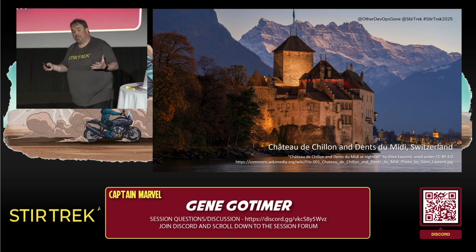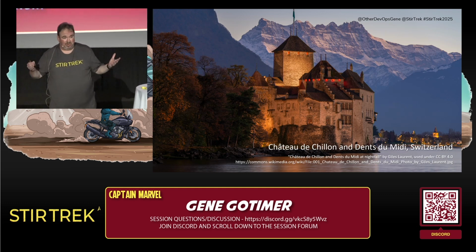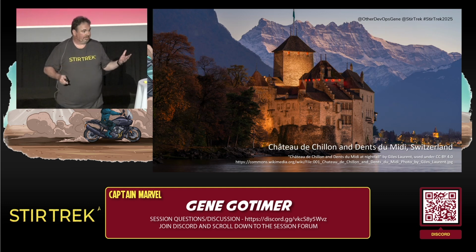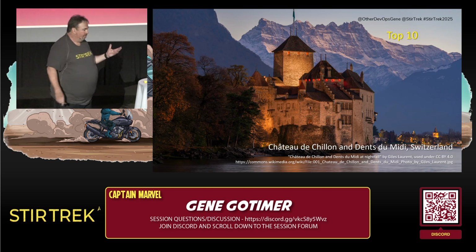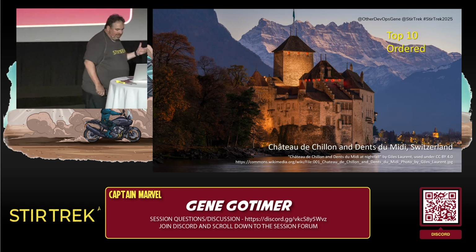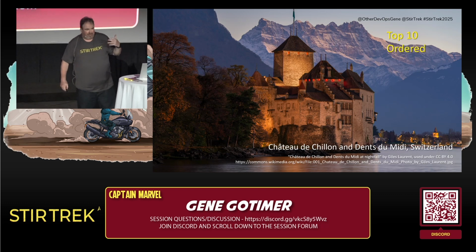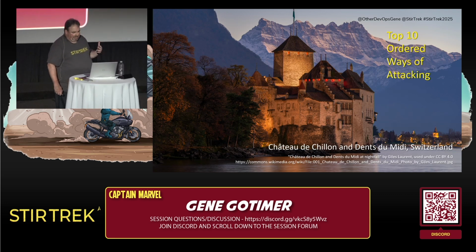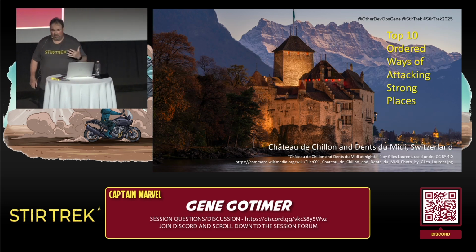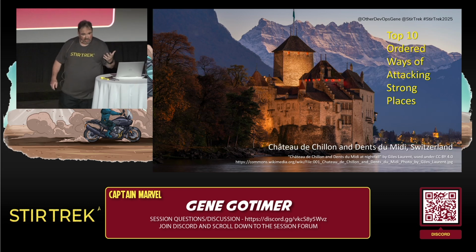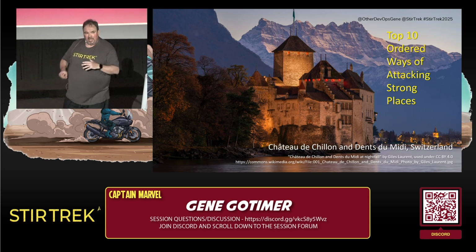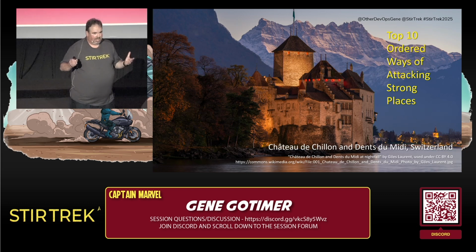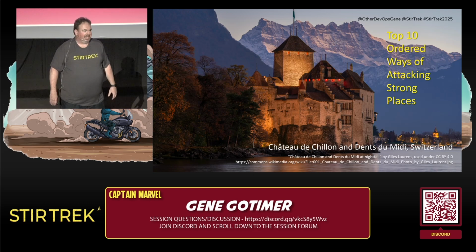So logically, the idea would be, let's just figure out what the most popular ways of attacking are, right? Let's say we came up with maybe 10 most popular ways, put them in order of likelihood, the top 10 ordered ways of attacking strong places, right? Or we call it an OWASP top 10. If we just protected those, would we be safe? Is that enough?